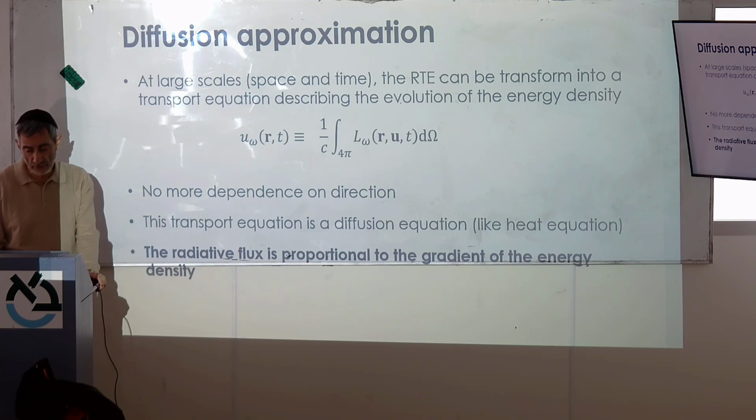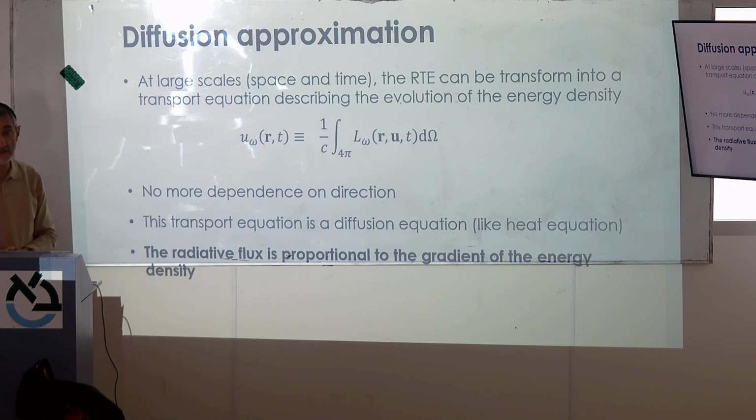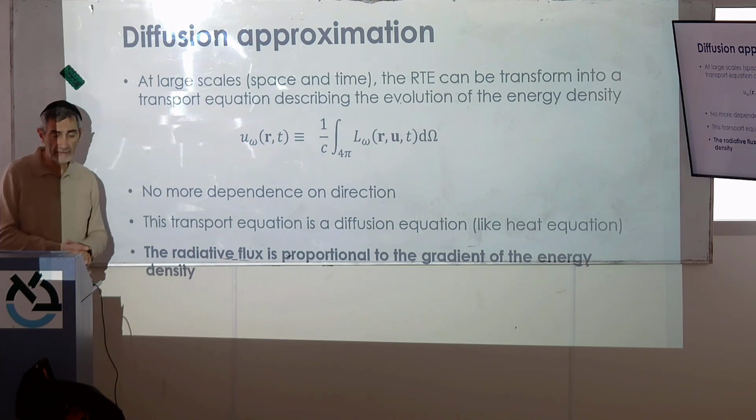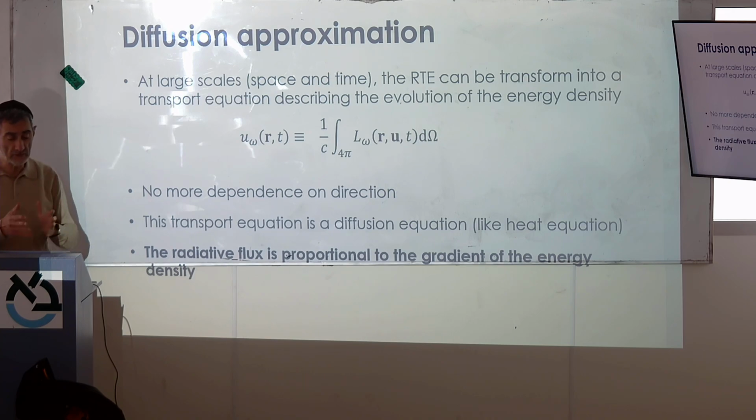And for the transport equation for the energy density, we'll see that it's very similar to the heat equation. The diffusion equation is the heat equation, the equation for propagation of heat. So actually they are identical. So this transport equation is the diffusion equation, like the heat equation. And what we are going to show is that the radiative flux, the flux of energy, the flux of the radiation, is proportional to the gradient of the energy density.